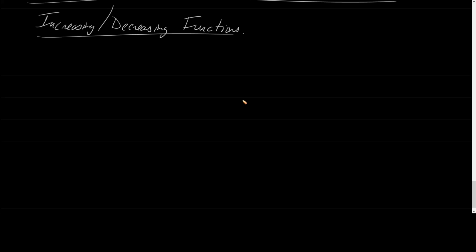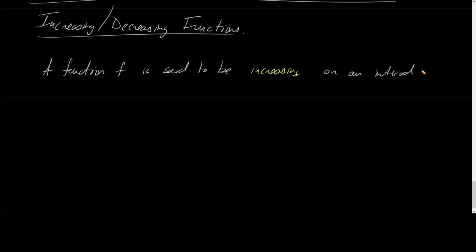All right, so a function f is said to be increasing on an interval for any x sub 1 and x sub 2 in the interval if, well, the following is true.